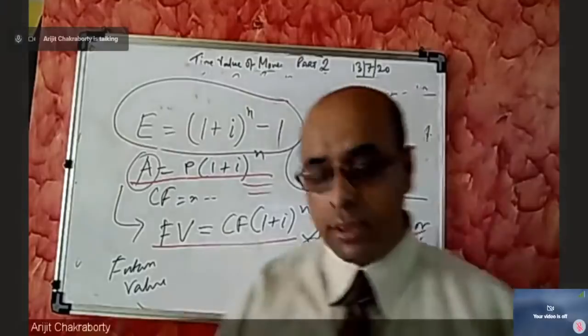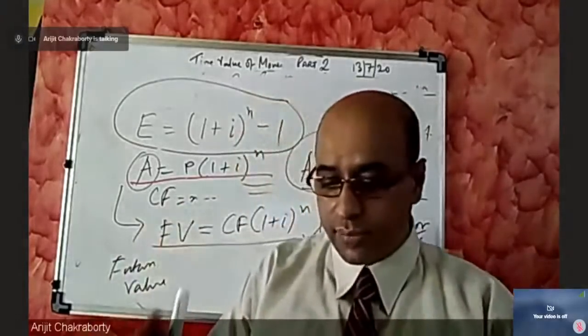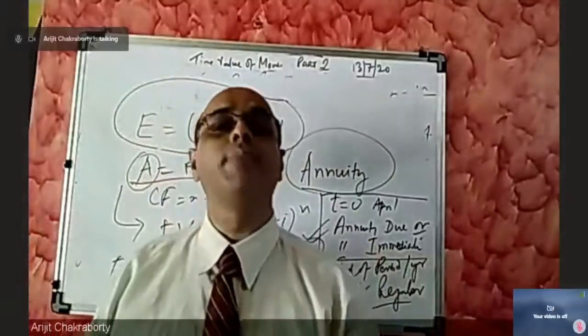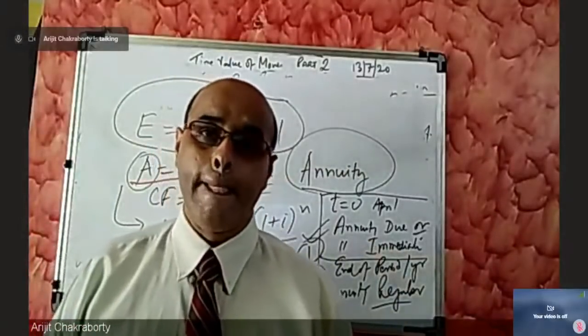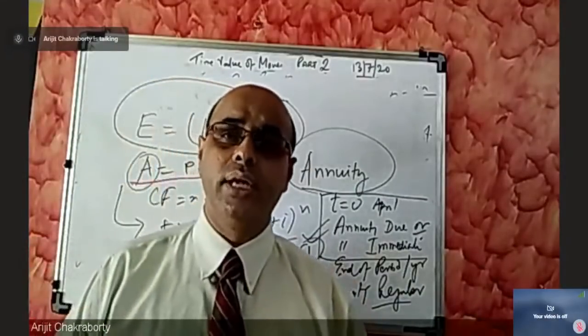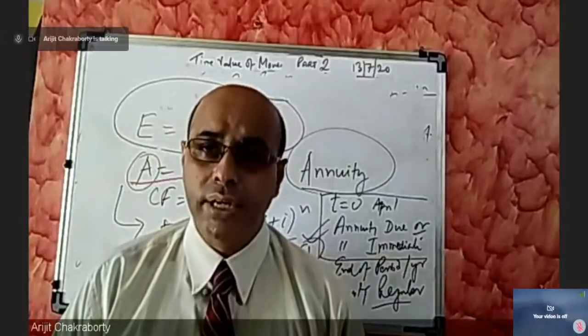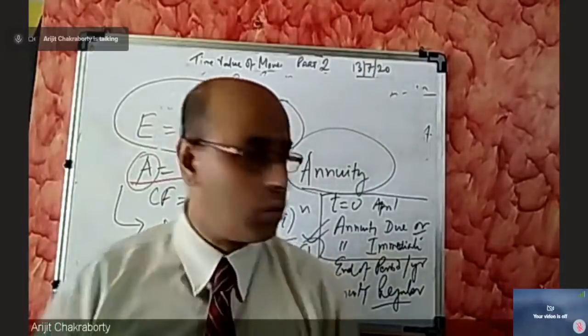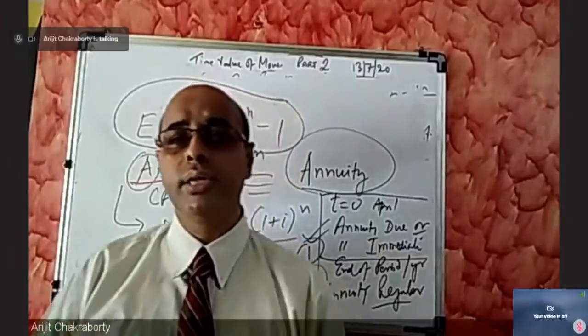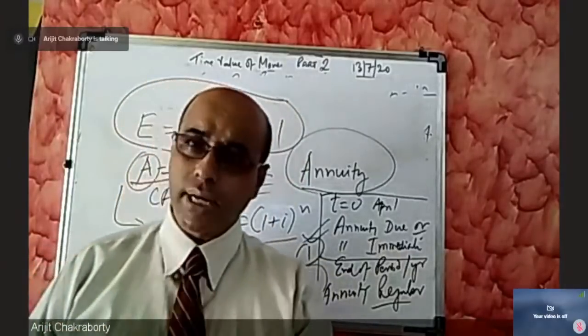Annuity regular means the first payment is received at the end of that particular period, at the end of the financial year. And if you receive the money at the very beginning of the accounting period, when t is equal to 0, then it is called annuity due or annuity immediate. So two types of annuity.